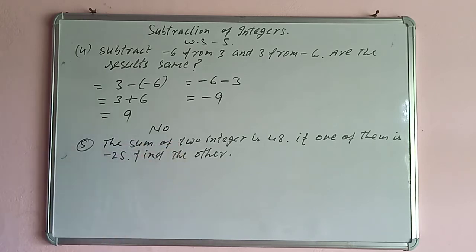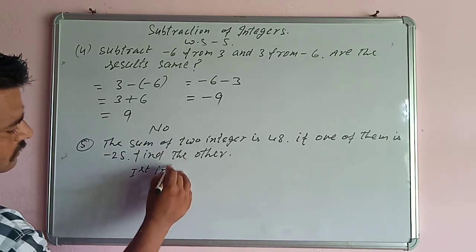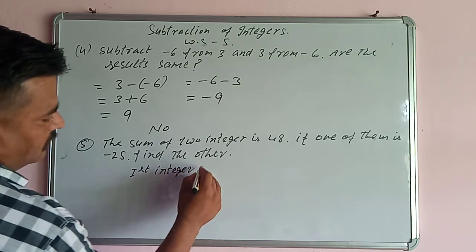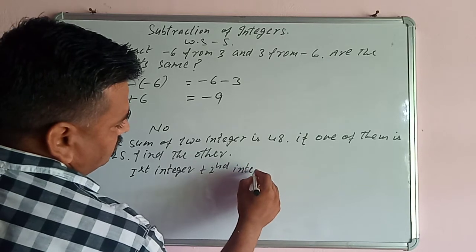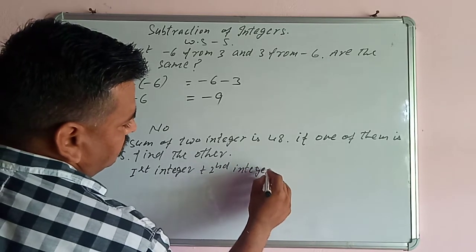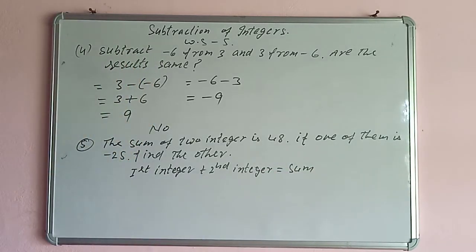So sum of two integers, so that is first integer plus second integer, that is equal to sum.